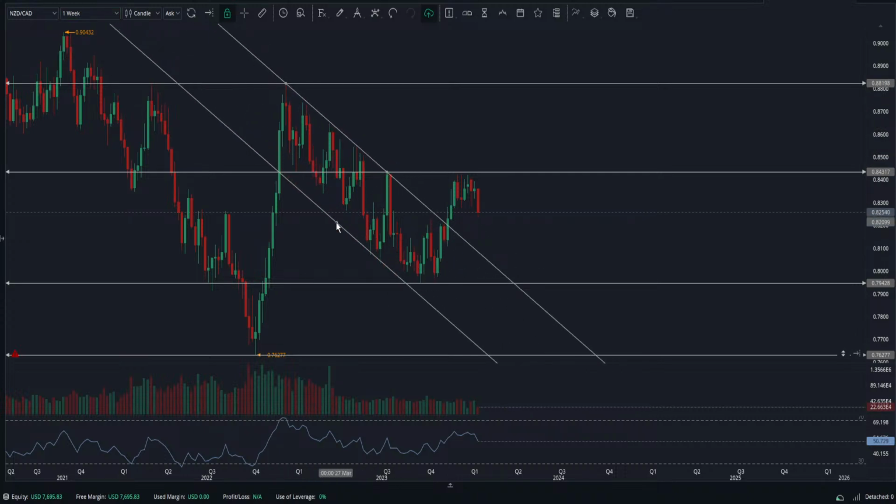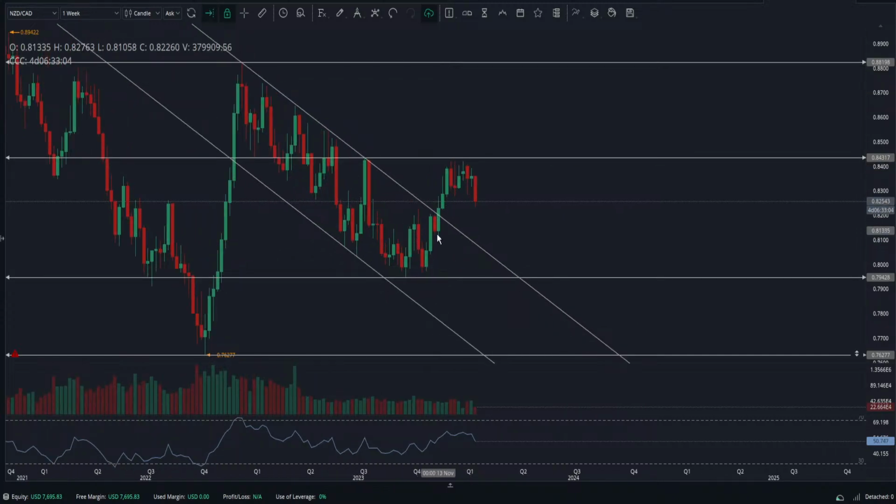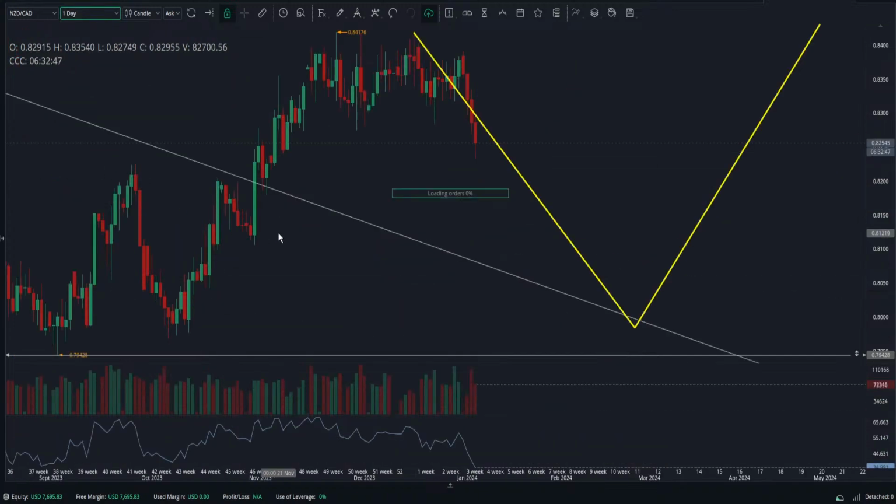I think to some extent they were able to break this channel, and yes, they are able to push the prices higher. But here I think on the daily there will be some double top or triple top, but on the weekly at least I'm expecting something like this now. Okay, I'm expecting something like this, but let me check what is happening on the daily.